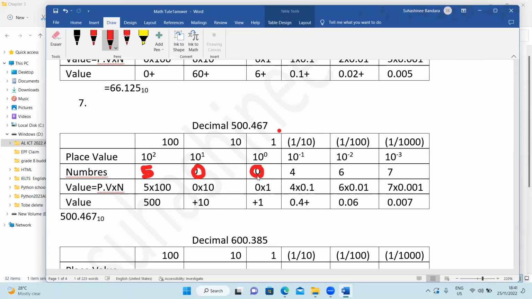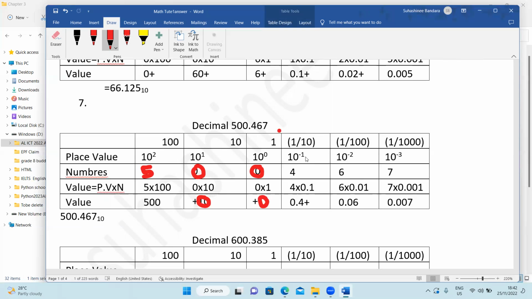That means 1 multiplied by 0 gives 0. Then 10 multiplied by 0 again gives 0. And then 100 multiplied by 5 gives 500.